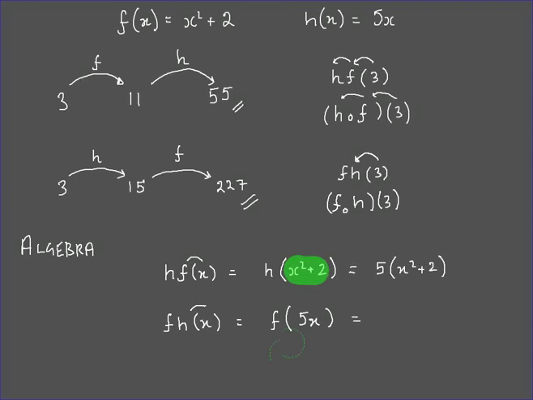So we will square and add 2 to whatever we find there. So we square it and then we add 2. And let's square this, 5 squared x squared add 2, and this is why we see two different answers if we use them in different orders.